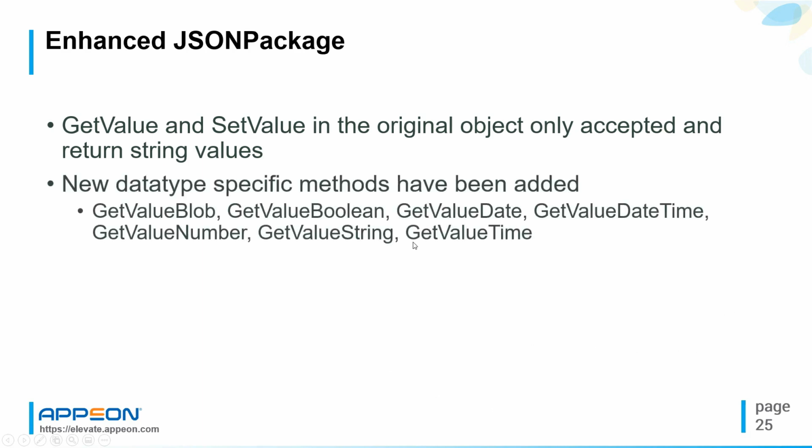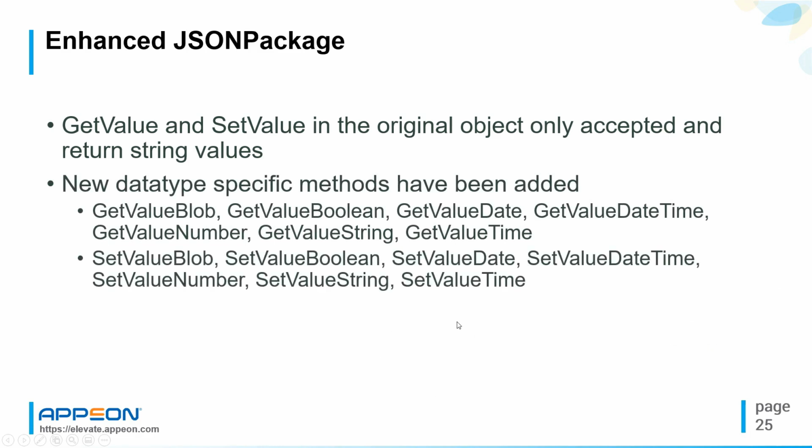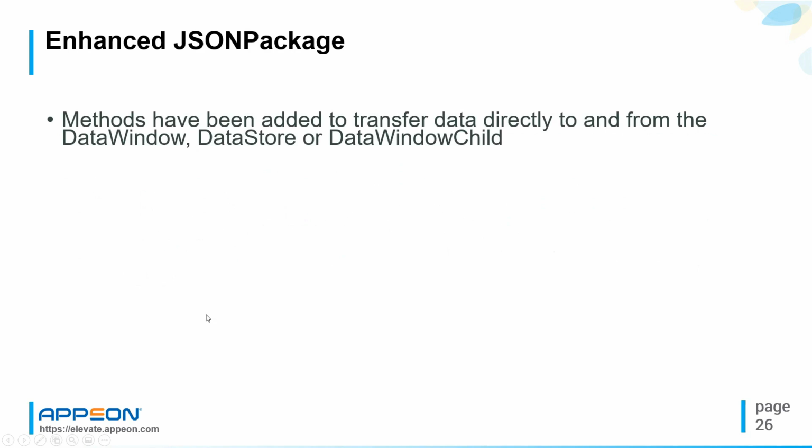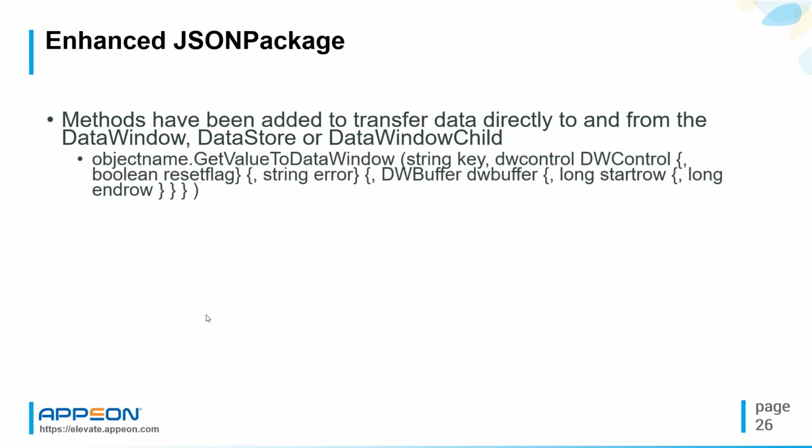Now there are specific data types: blob, boolean, date time, number, string, and time, and also set. There have also been some added functions that allow you to get and set values directly from the data window into the JSON package.